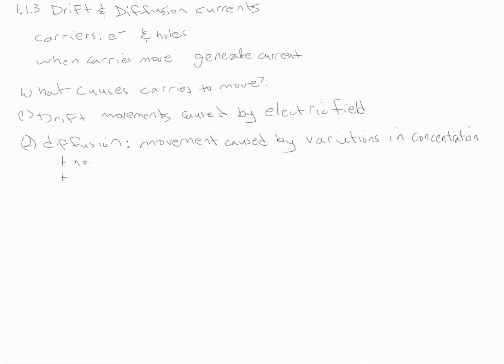And this concentration gradient can be generated by a non-homogeneous doping distribution.